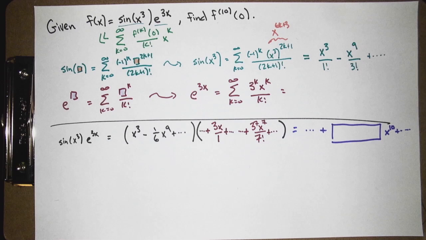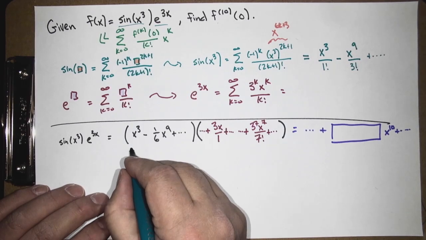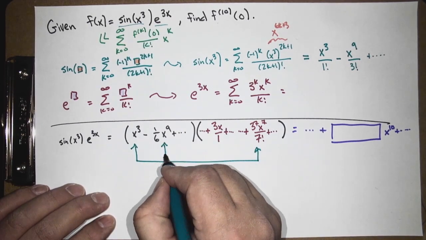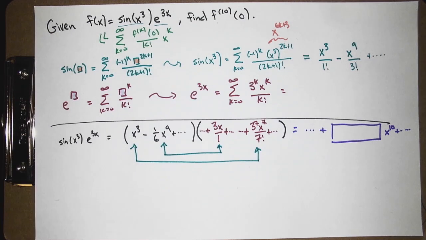And of course, there's lots of terms that we're ignoring because we're hyper-focused. We don't need a lot. We need something specific. We're after x to the 10th. If we multiply the x cubed by the x to the 7th, or the x to the 9th by the x here, that's the only way we can multiply these two things together and get x to the 10th.